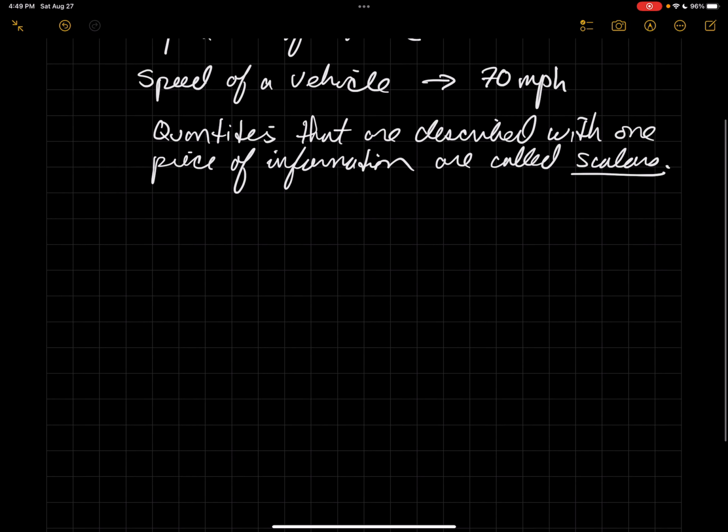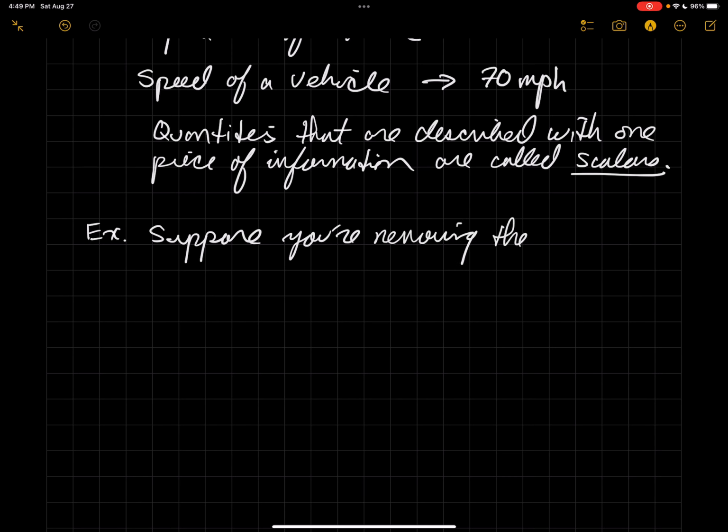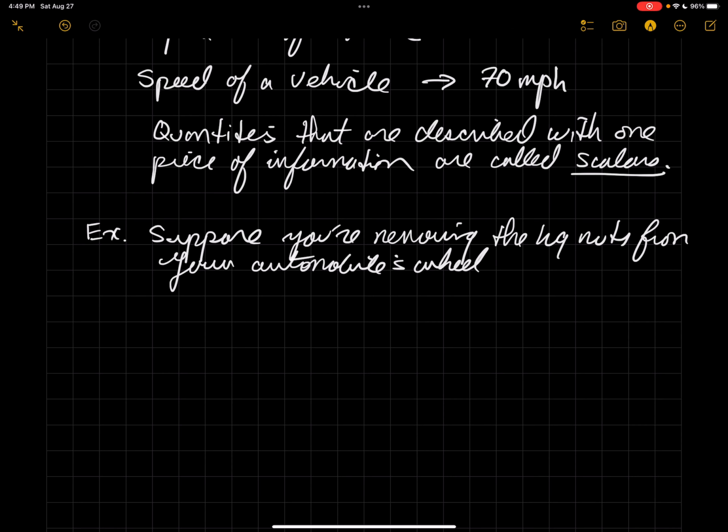Okay, so to describe that, let's think about an example, and let's suppose you're removing the lug nuts from your wheel to change a tire.